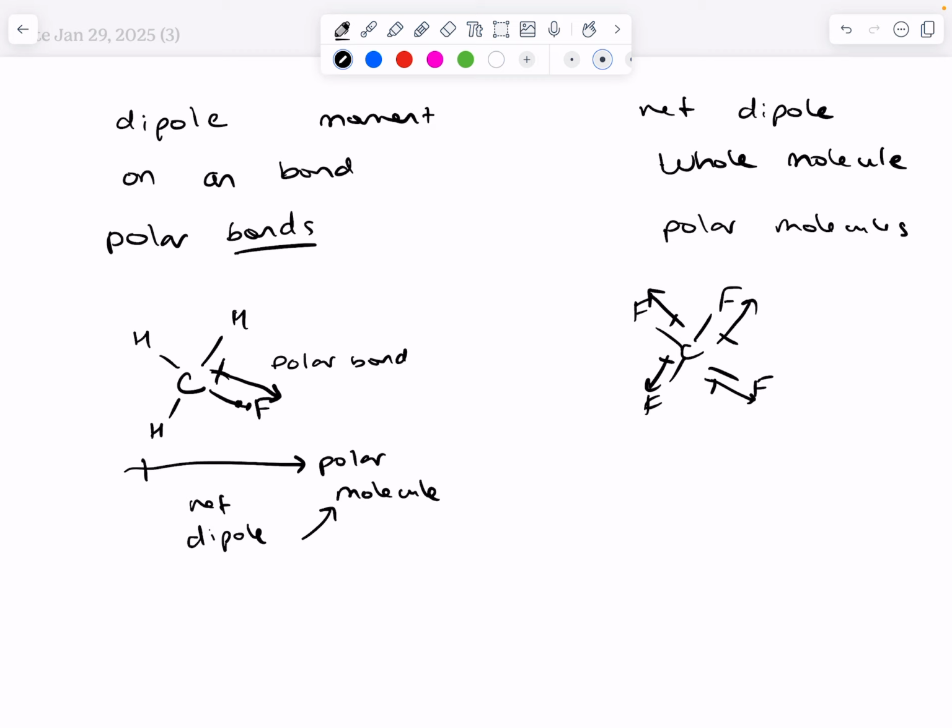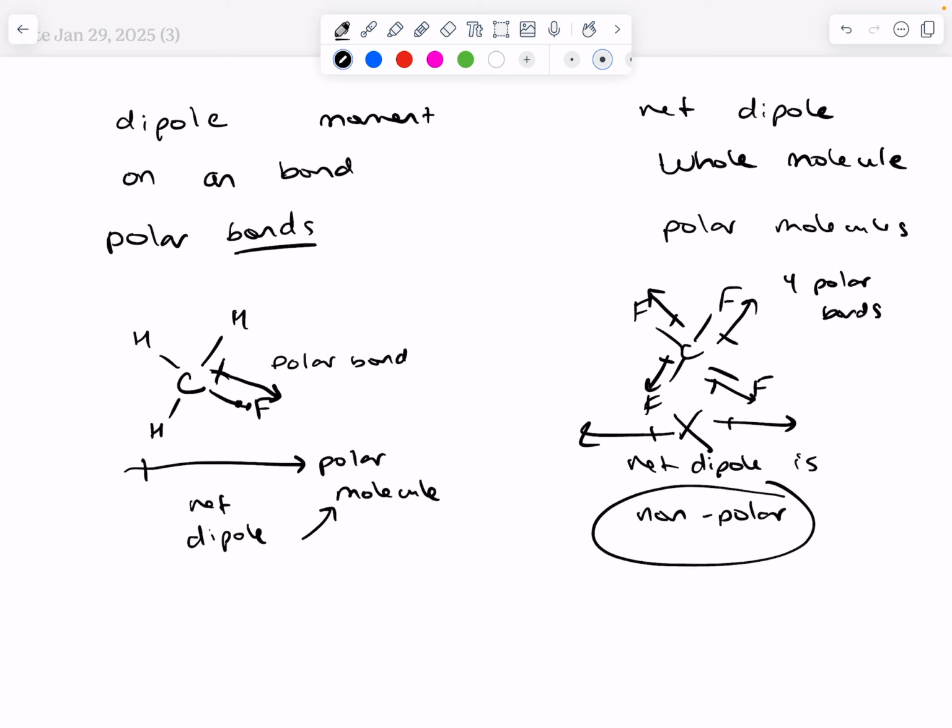So even though there are 4 polar bonds, actually the net dipole is nonpolar. Because if we add all these up, there's 2 pointing this way, 2 pointing this way, those are going to cancel each other out. So this molecule is not polar, even though it has polar bonds.